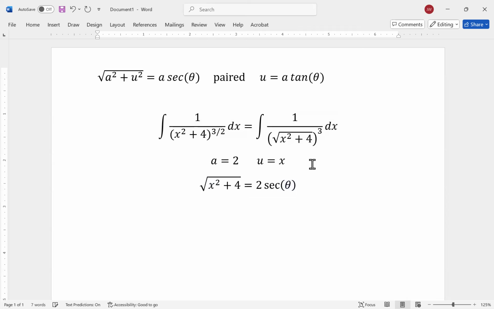I use theta as my variable because I don't want to use x's or u's right here. So I get 2 secant theta is my square root, and therefore my x is going to be equal to 2 tangent theta. So x is equal to 2 times the tangent of theta.